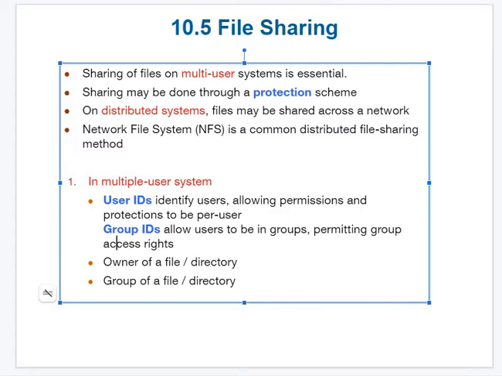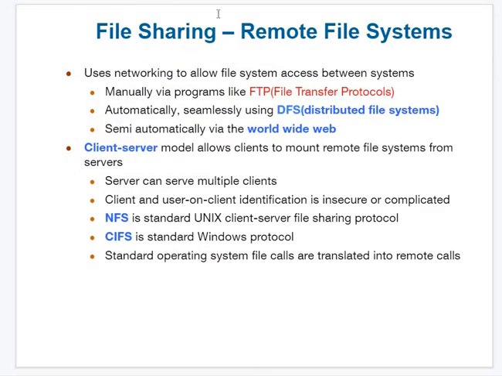Okay, so the next one is file sharing in remote file systems. A simple way to see it: remote means two persons, as I told you already, one person sending and the other receiving, definitely in two different geographical positions. So one person who is sending is far from the person who is receiving.